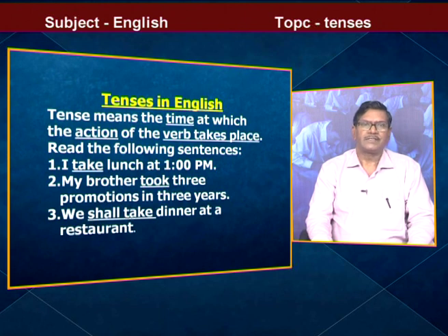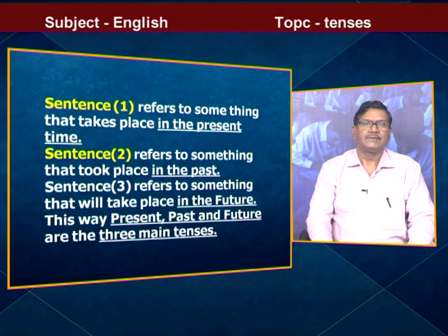The first sentence expresses a usual sense, the second one expresses a past event, and the third sentence expresses a future event. So, the tense here is the time at which the action of the verb takes place.